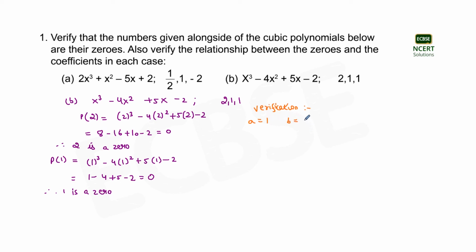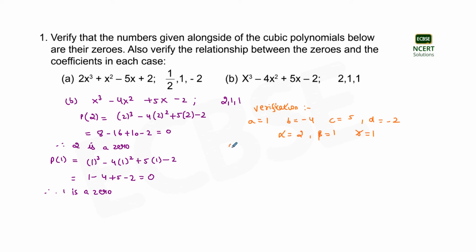B is equal to minus 4, which is the coefficient of x square. C is equal to 5, which is the coefficient of x. And D is the constant, that is minus 2 in the polynomial. And alpha, beta and gamma are the 3 zeros of the polynomial. Let alpha be equal to 2, beta be equal to 1 and gamma be equal to 1.